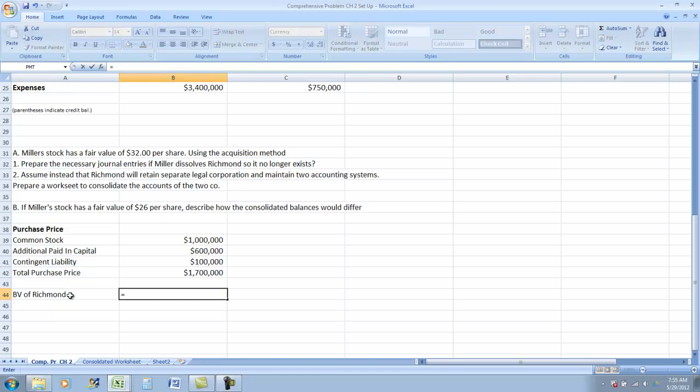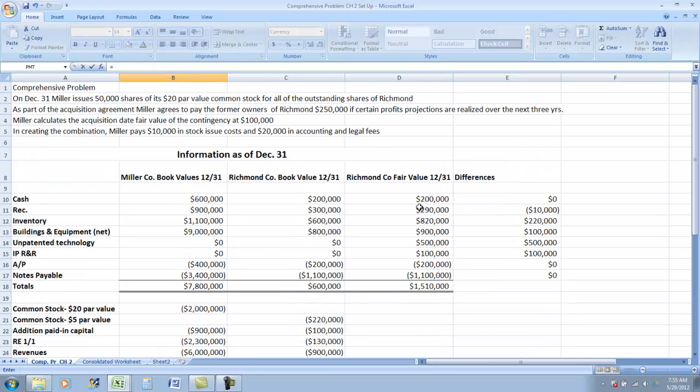So now we need to find the book value of Richmond, which is assets minus liabilities. This is book value, sorry.